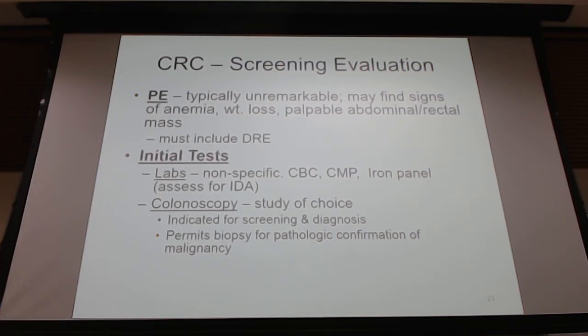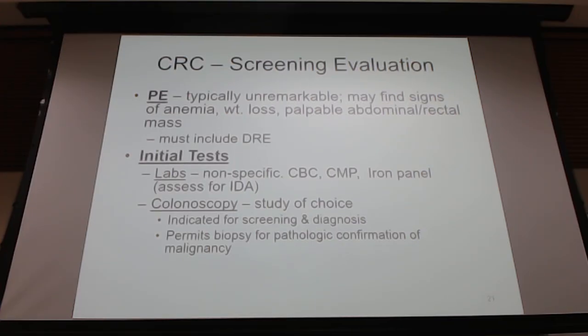That's the digestive breakdown of blood in there. So we want to get that. And then get an iron panel and see, maybe it's not a GI bleed and they're just having some iron deficiency anemia. And then of course colonoscopy, study of choice, screening and diagnosis. And then confirm pathologically if we are dealing with malignancy.